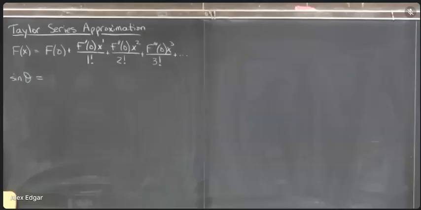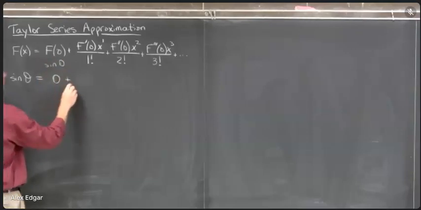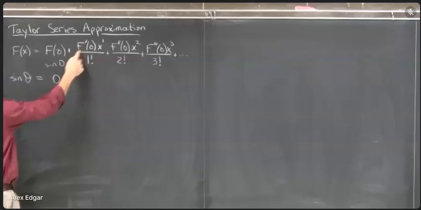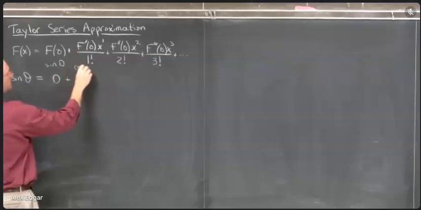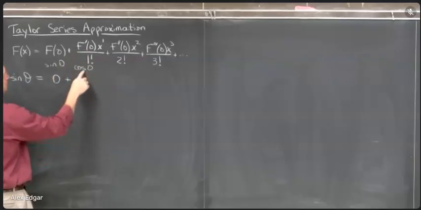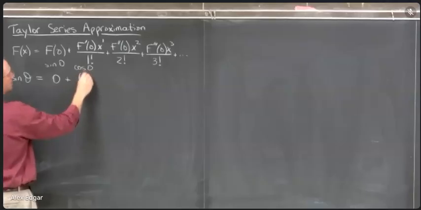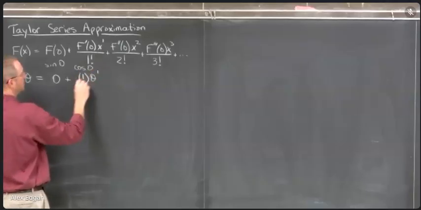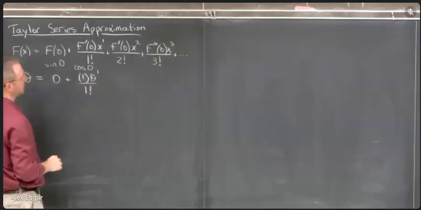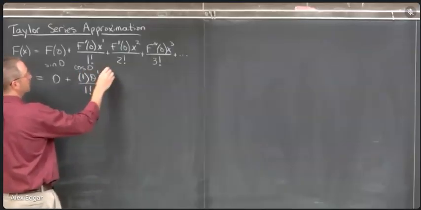Sine of 0 is 0, plus, well, the first derivative of sine is cosine, so this will become cosine of 0. Cosine of 0 is 1, and then we're going to have theta to the first over 1 factorial. Derivative of cosine is minus sine.